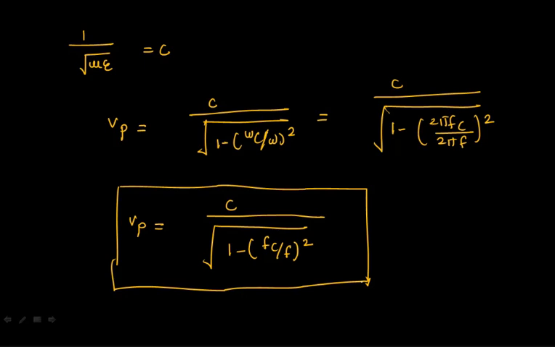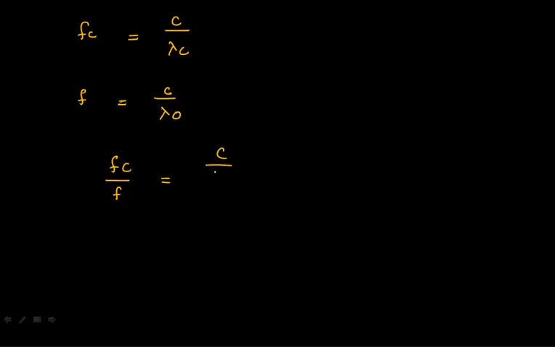Okay? Now as we know, the relationship of frequency and the relationship of wavelength is exactly opposite. So I can write here fc is nothing but c by lambda c, and f is nothing but c by lambda 0. So fc by f is nothing but lambda 0 by lambda c.